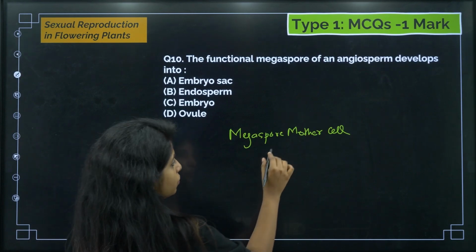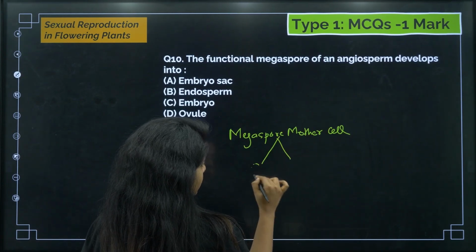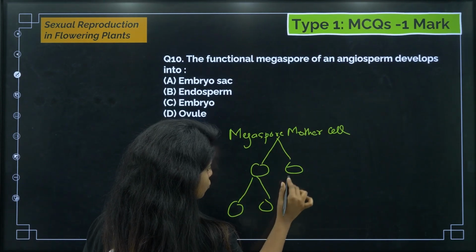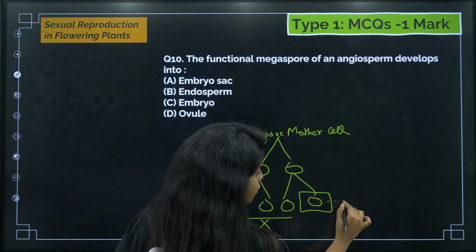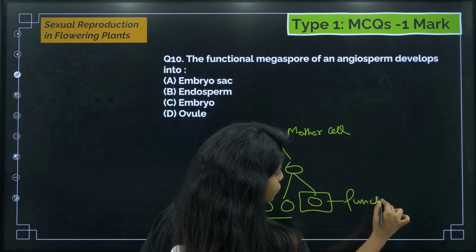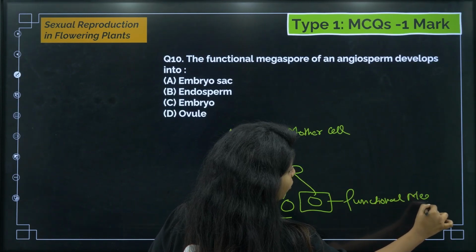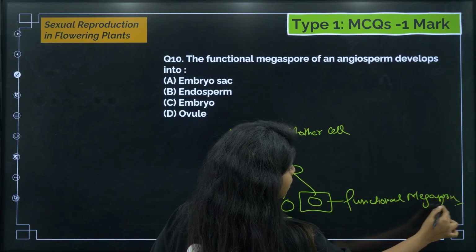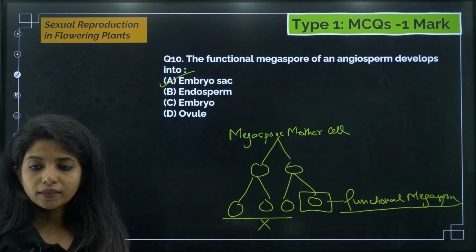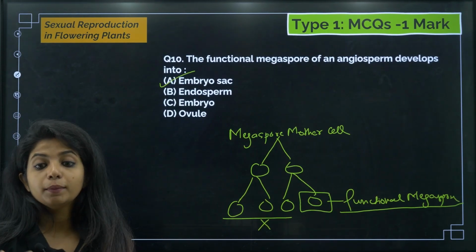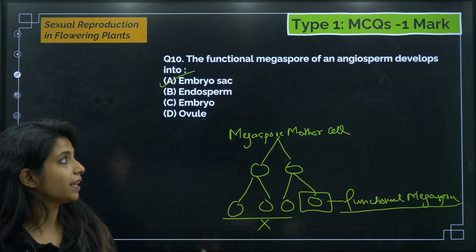It was dividing, and now you had two cells, and then 2 will give rise to 1, 2, 3, 4 cells. 3 of them degenerate. 1 will be functional. This is the functional megaspore. Remember, what was it getting formed into? It was formed into the embryo sac, children. Okay, this embryo sac later will divide and give the female gametes. This is the 10th question.